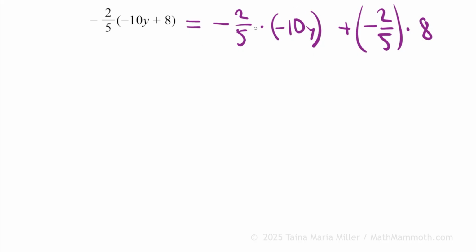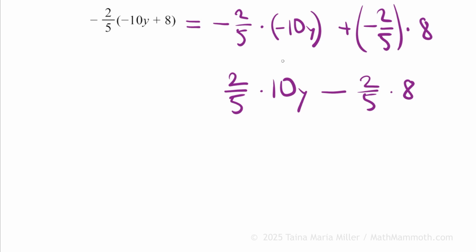Here, negative times negative, so it will be positive. As an intermediate step, we would have 2/5 times 10y. Here, this will be negative plus minus, it turns into a subtraction in the end, 2/5 times 8. Here we can go 2 times 10 divided by 5, which is 4.